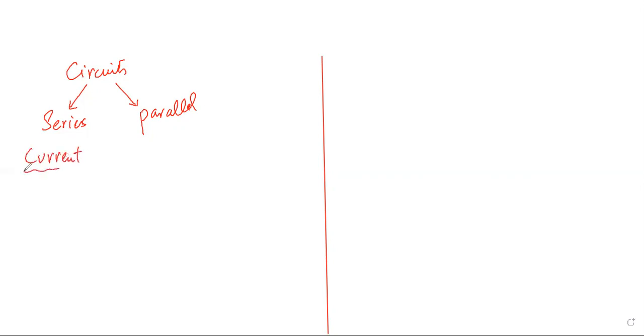What do we think about the current? The first very important note is that current remains fixed in a series circuit. I will explain the application of this. Current remains fixed in series circuit.